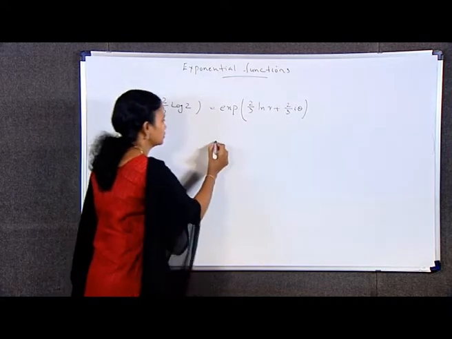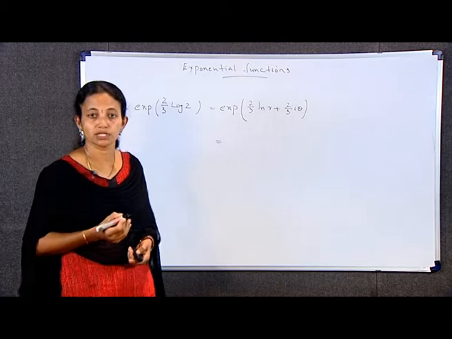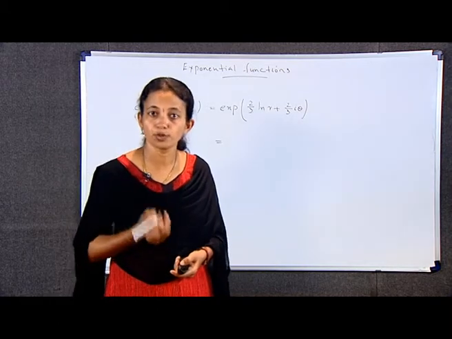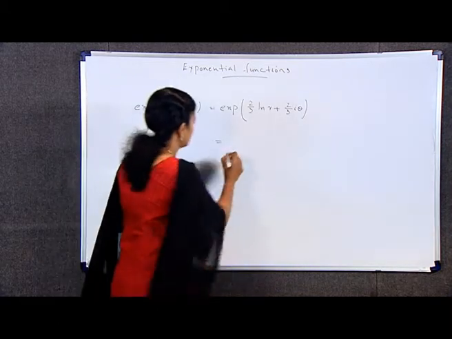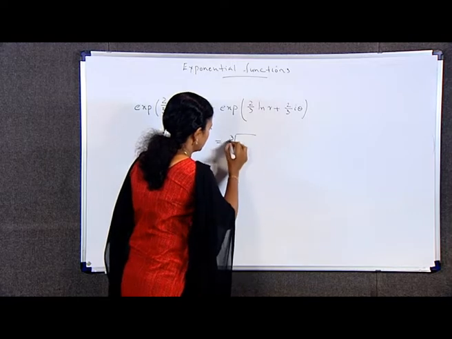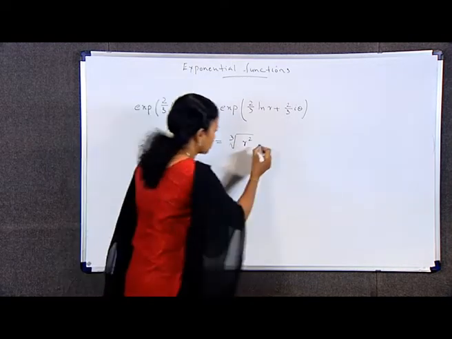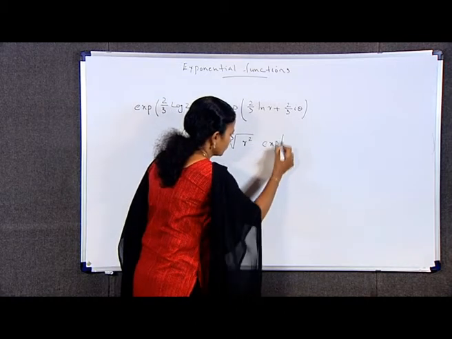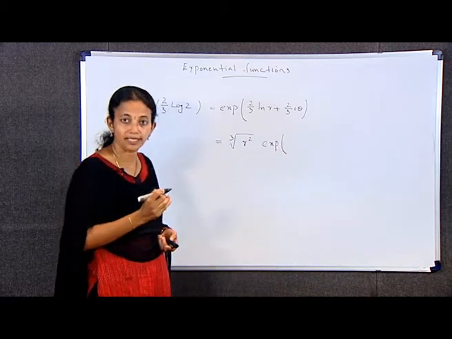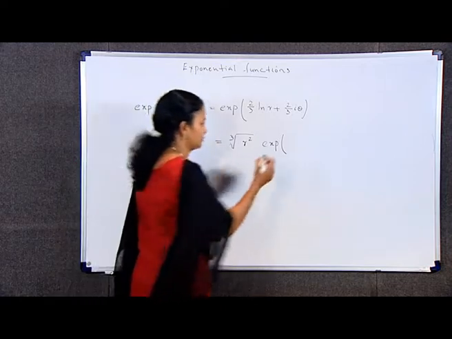Which I can write as cube root of r square into exponential I into 2 theta by 3.